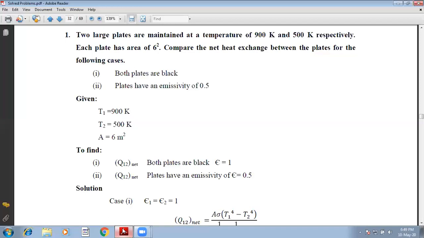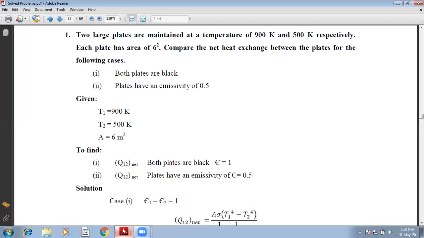To give you a little hint, if you consider a surface and allow some radiation onto the surface, then there will be 2 or 3 phenomena occurring. One is absorption, one is reflection, and one is transmission.